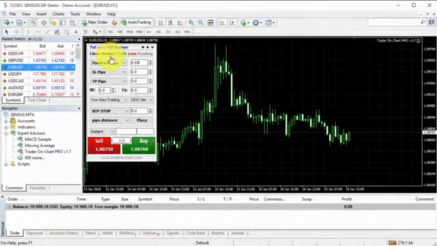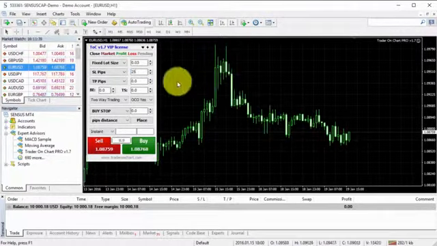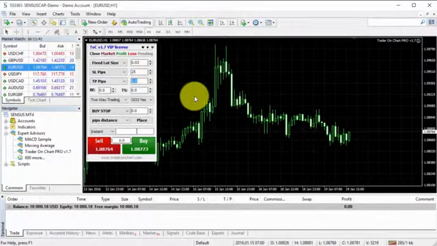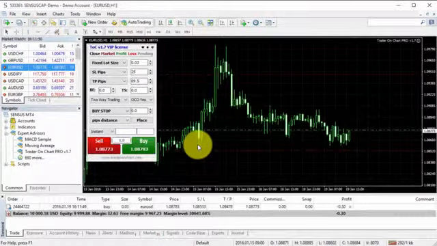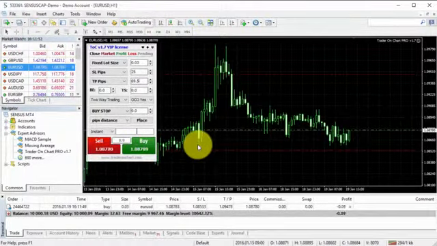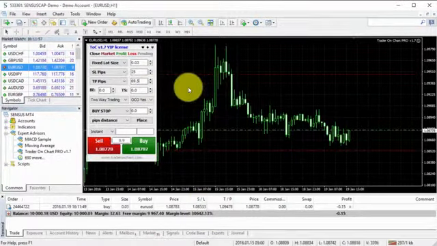So let's try again. This time let's add a stop loss of, let's say, 25 pips and a take profit of, let's say, 69.5. So I will click buy trade, and immediately it will open the buy trade and will place the stop loss and the take profit that I have set right here.